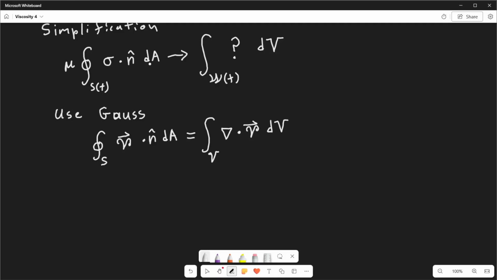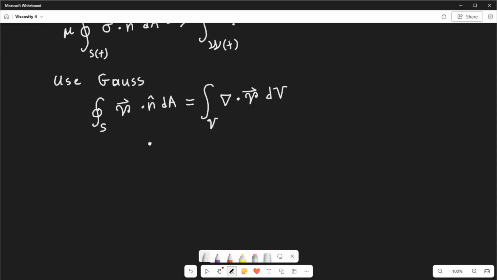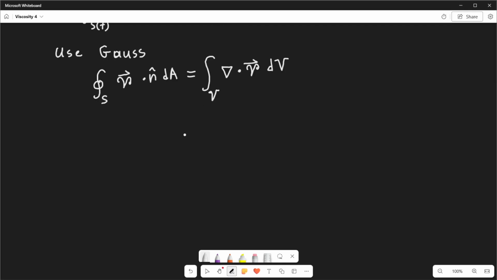So this can almost be applied, but not directly, because sigma is a tensor rather than a vector. In order to apply Gauss's law, you need to work out each component.